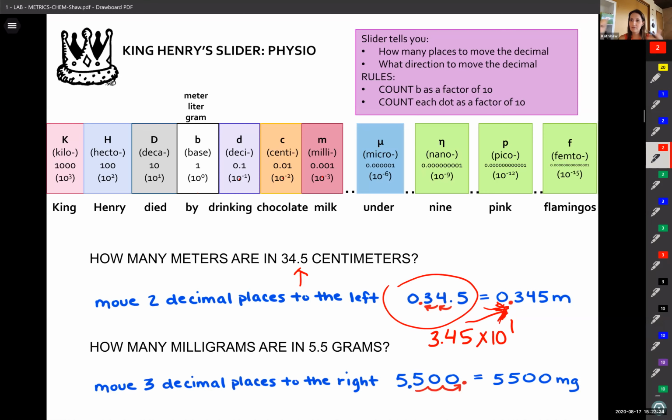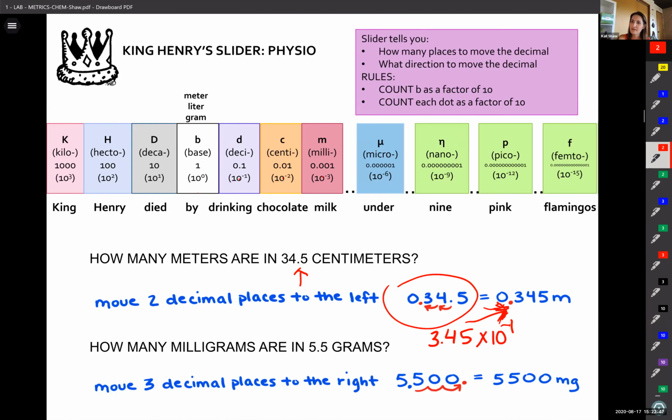Right? And whenever I have to move a decimal point to the left to get back to that original number, my exponent needs to be negative. So this needs to be negative. Takes a little bit of practice.